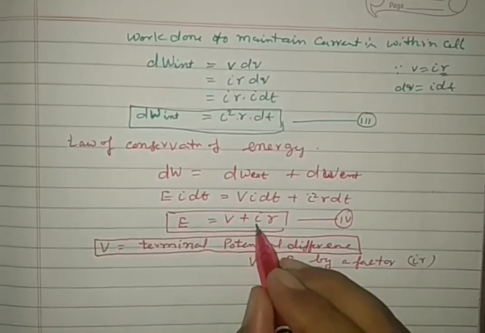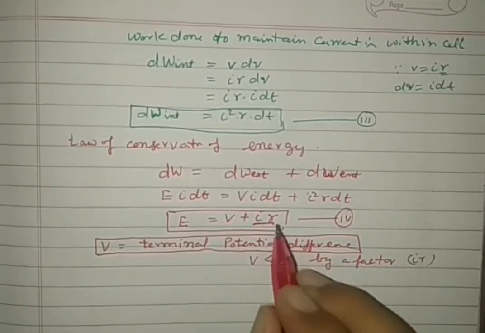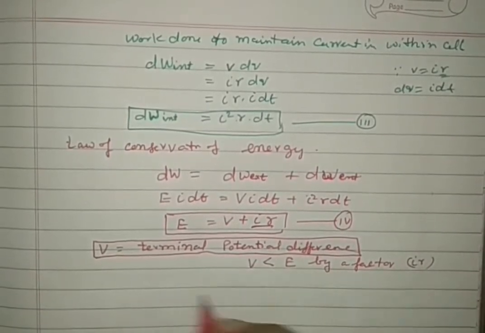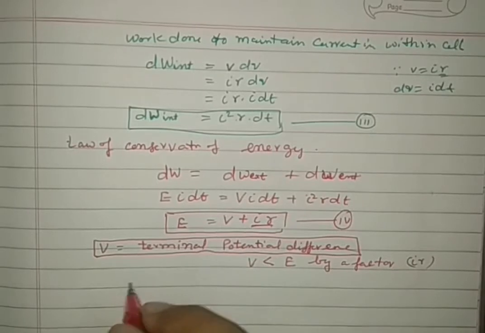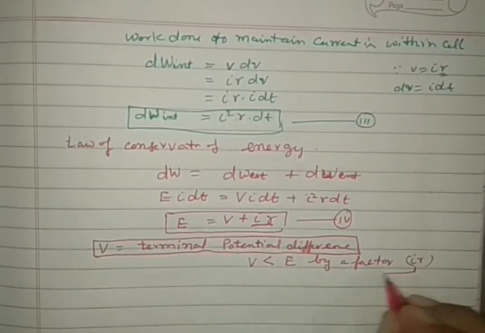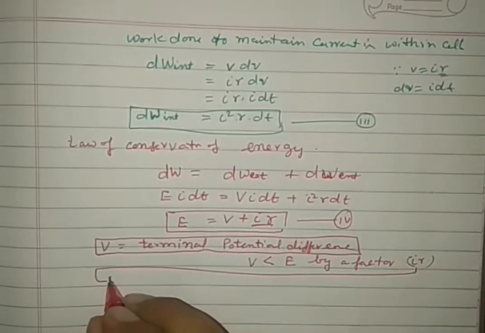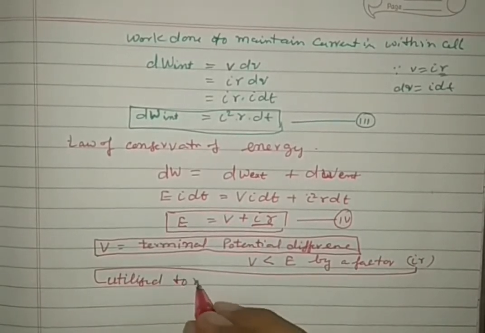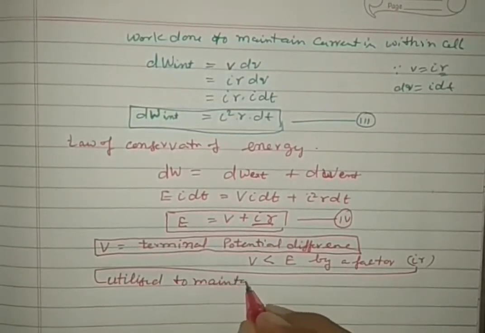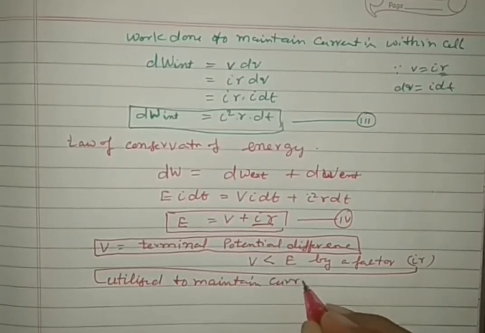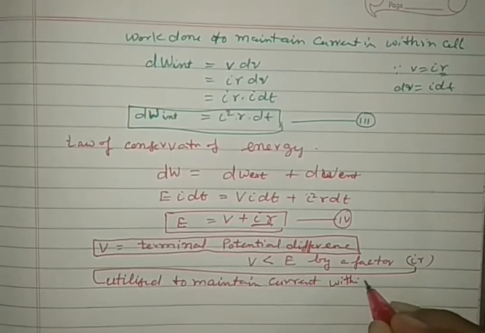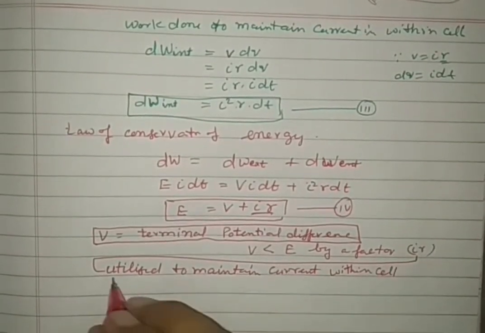Because this energy is invested to maintain the current within the cell. This I r potential is utilized, invested to maintain the current within the cell, right?